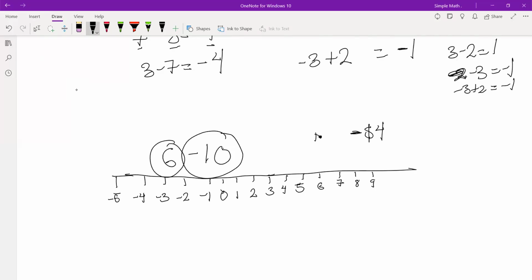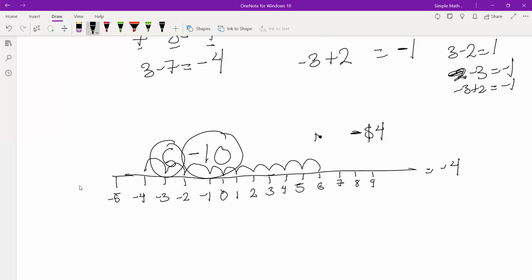So from 6, we're going to go 10 places to the left because this is minus 10. So we do 1, 2, 3, 4, 5, 6, 7, 8, 9, 10, which leaves us at minus 4. Again, we know that 6 minus 10 is minus 4.